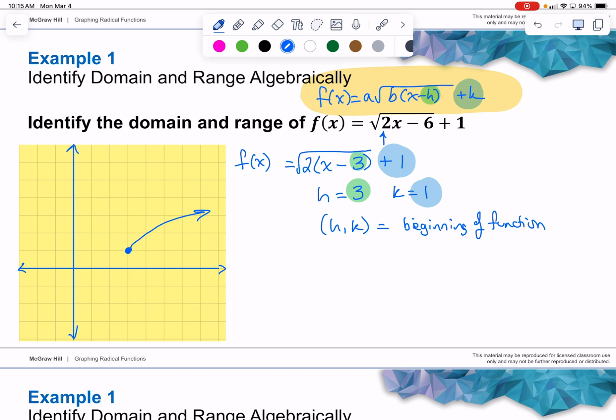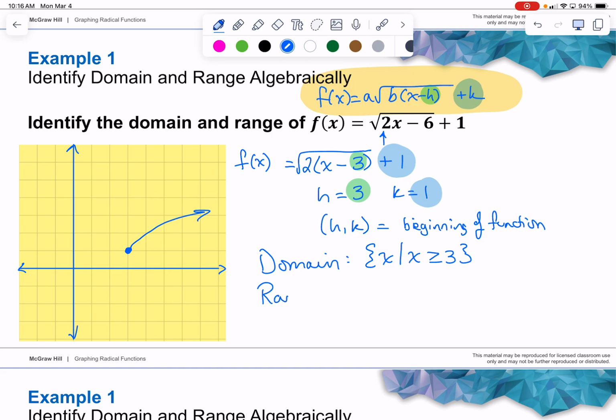Now, I'm not going to address what 2 does here because that's not part of the learning, even though they gave us a function like this. But we can tell about our domain. The domain is the set of all x's such that x is greater than or equal to 3.